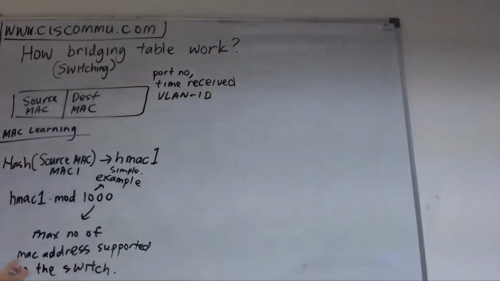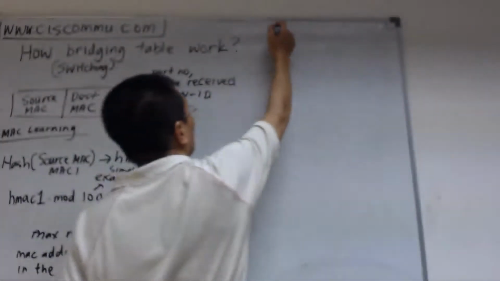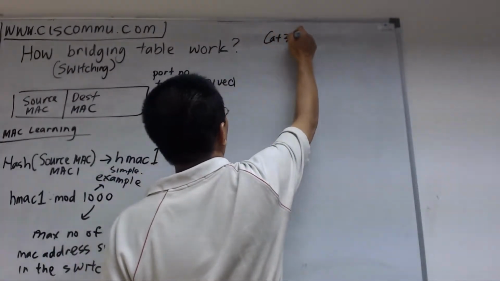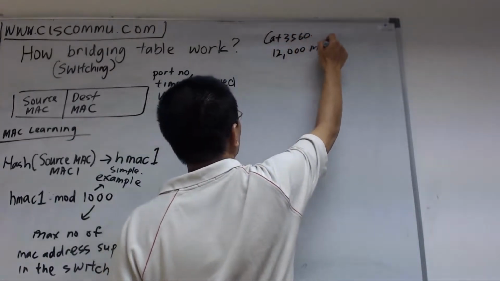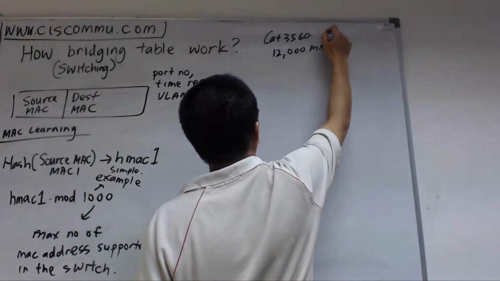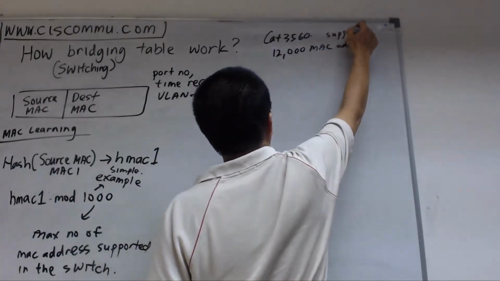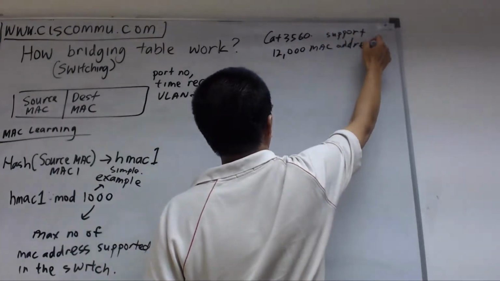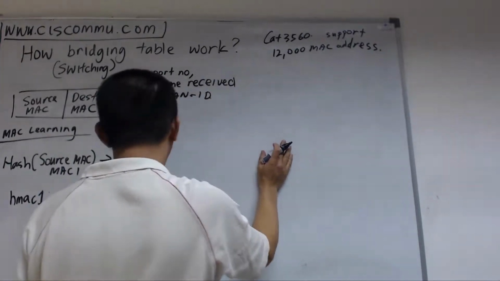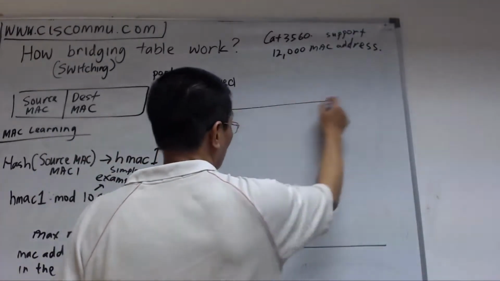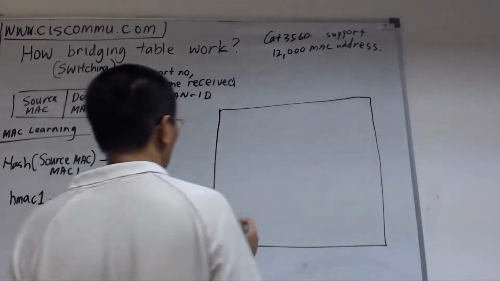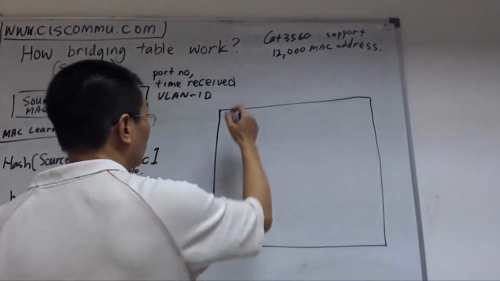In real life, for Catalyst 3560, you have 12,000 MAC addresses supported. So you have a table inside the switch.